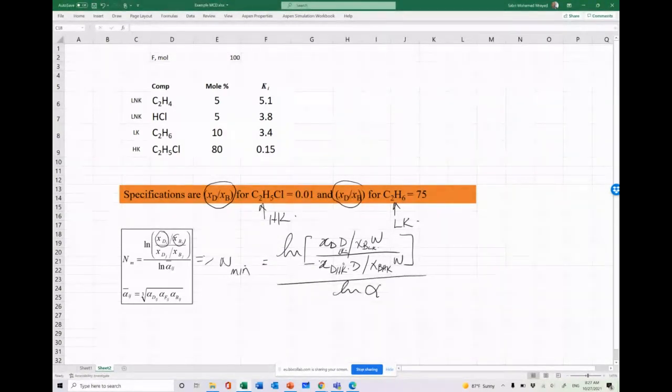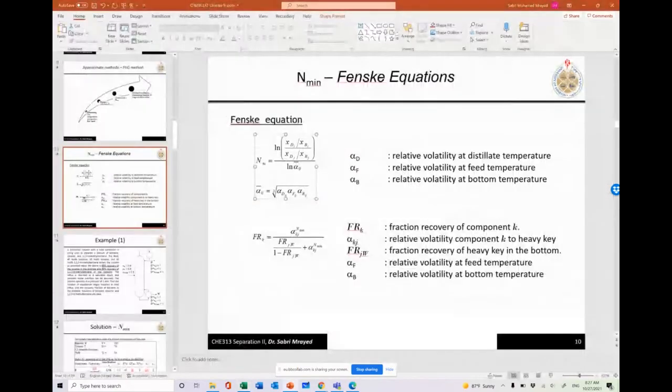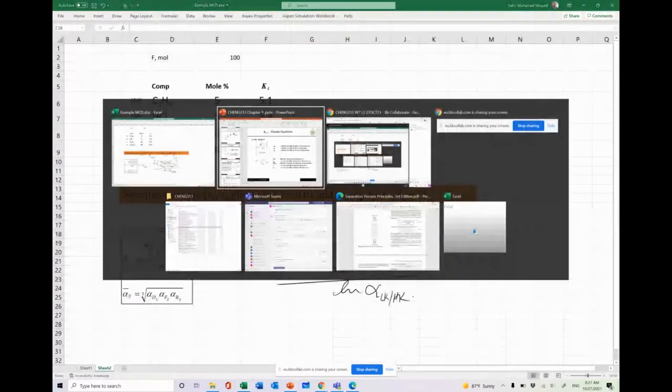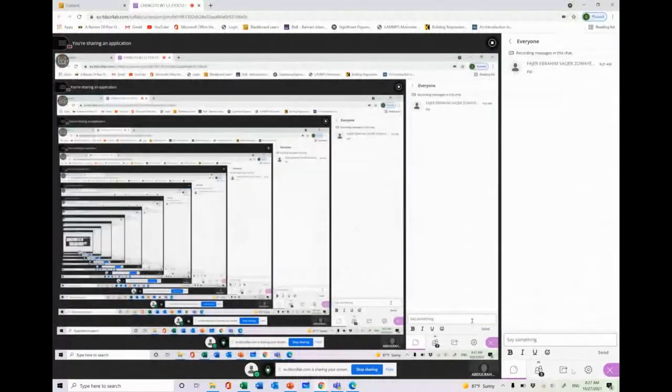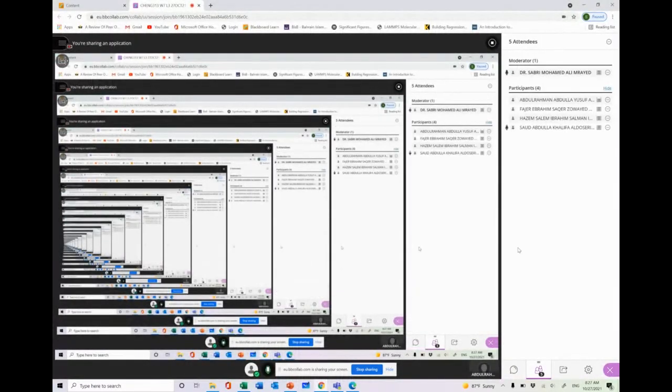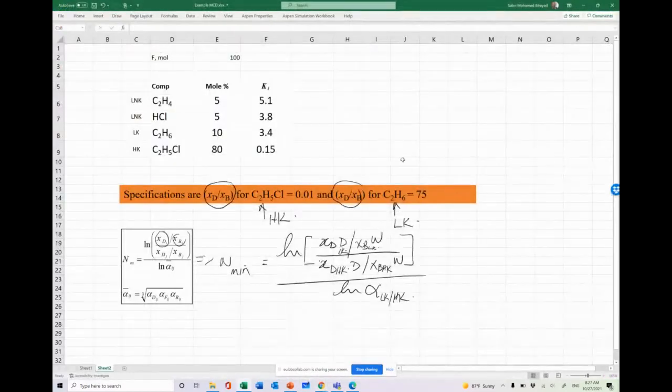Ln of light key over heavy key. Is this okay? Reasonable? Acceptable? Can I do that, guys? Makes sense, Doctor. Okay, because D would cancel with D.